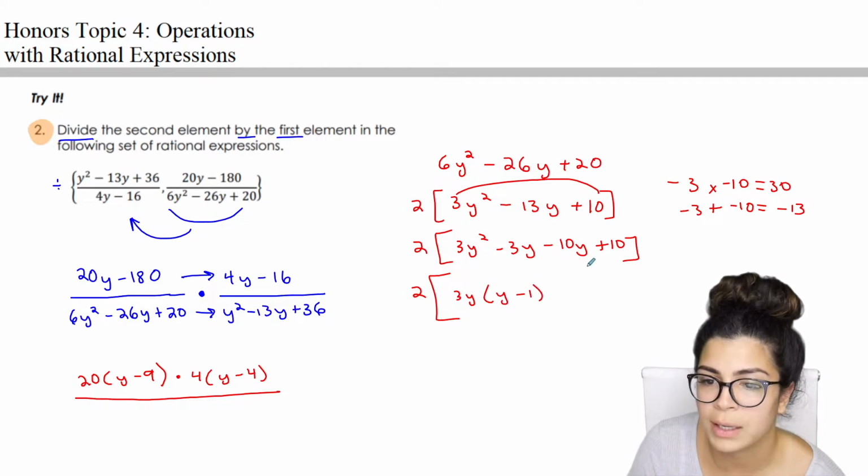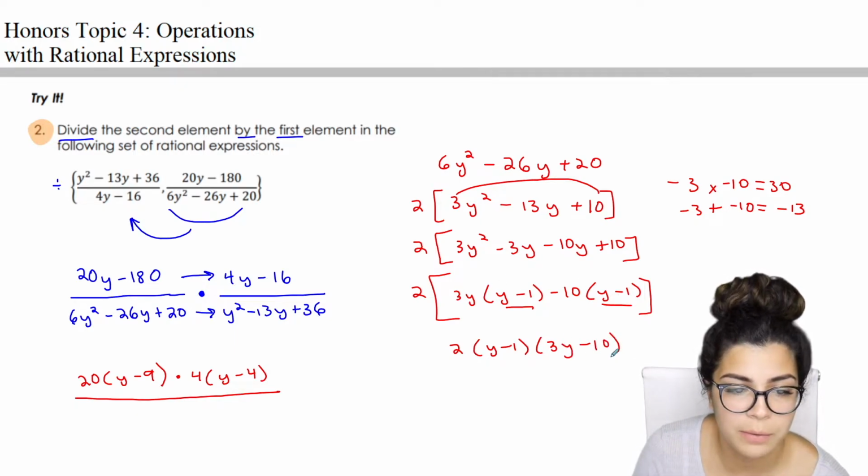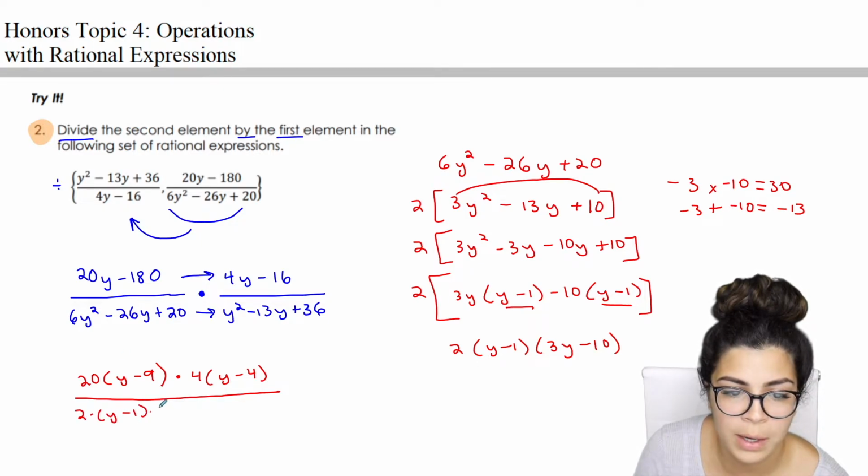I could factor out -10 from these two, which gives me y minus 1. And then I could factor out the y minus 1 from both, which would leave 3y for the first term and -10 for the second term. So that's how this one factors. 2 times y minus 1 times 3y minus 10.